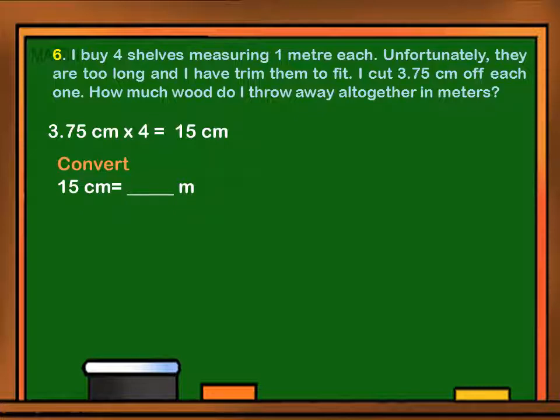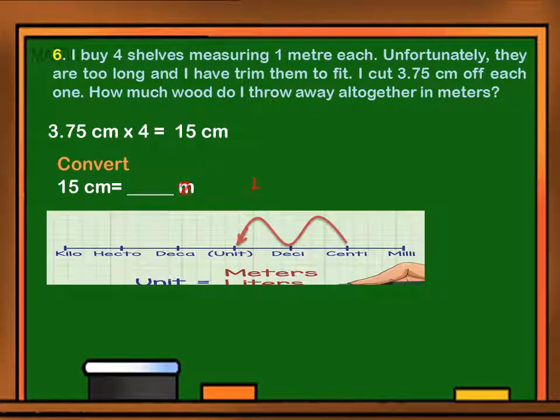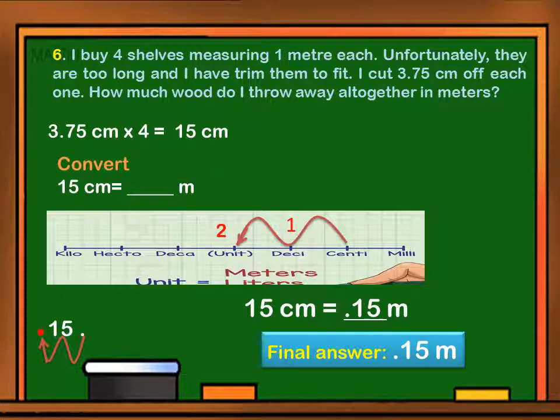Because we are looking for an answer in meters, there are two steps going to the left from centimeter to meter. So, we have to move the decimal point 2 places going to the left. 15 centimeters equals 0.15 meters. Final answer, 0.15 meters, the length of wood I threw away altogether in meters.